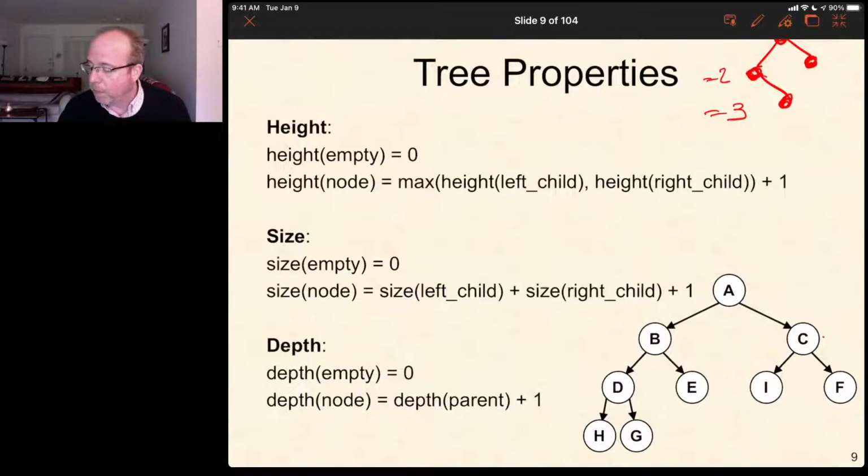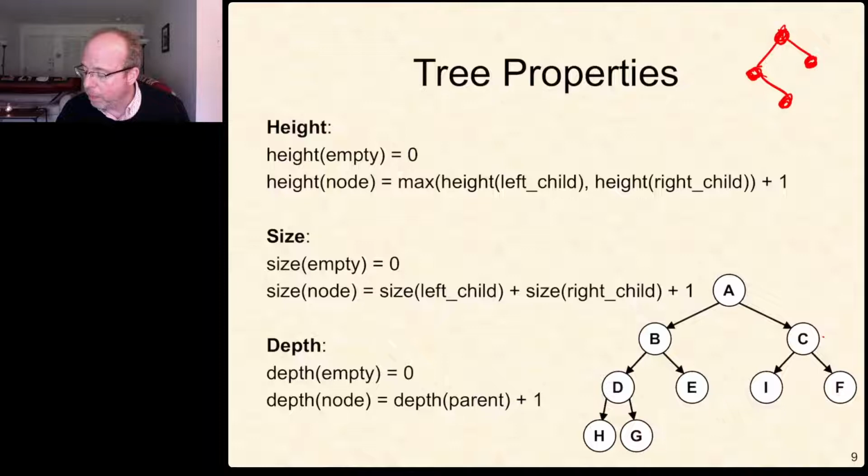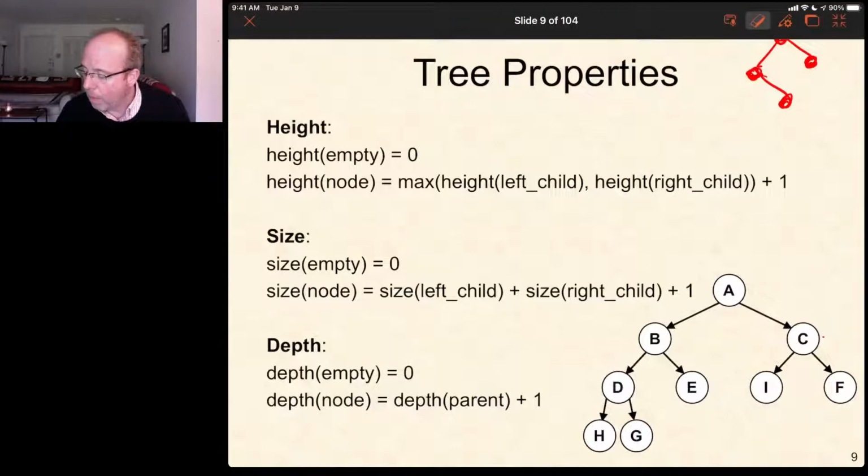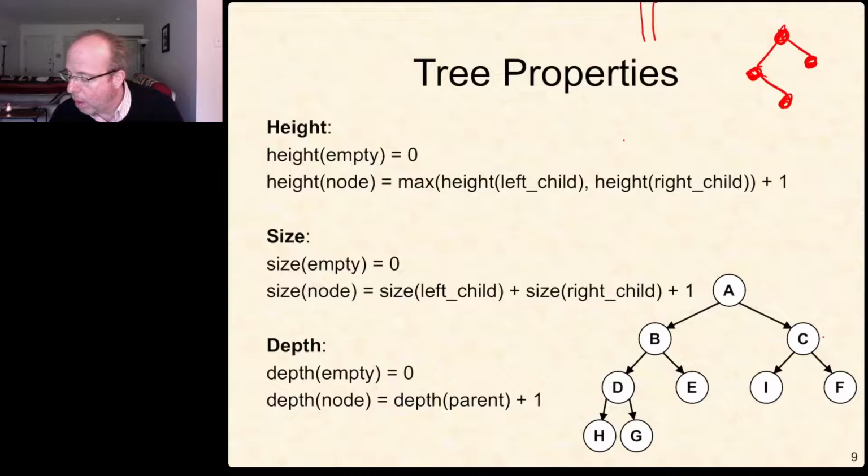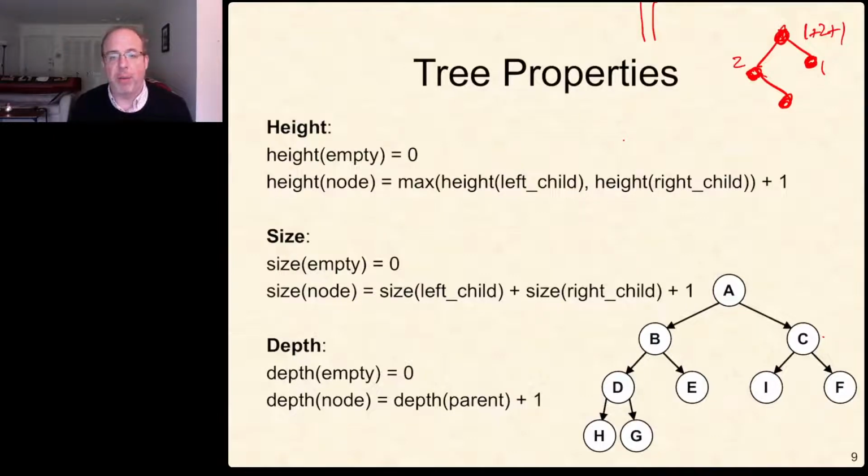So in our example, the size of this tree is 1 plus the size of this tree, which is 2, plus the size of this tree, which is 1. So it's 1 plus 2 plus 1. The size of the total tree is 4.